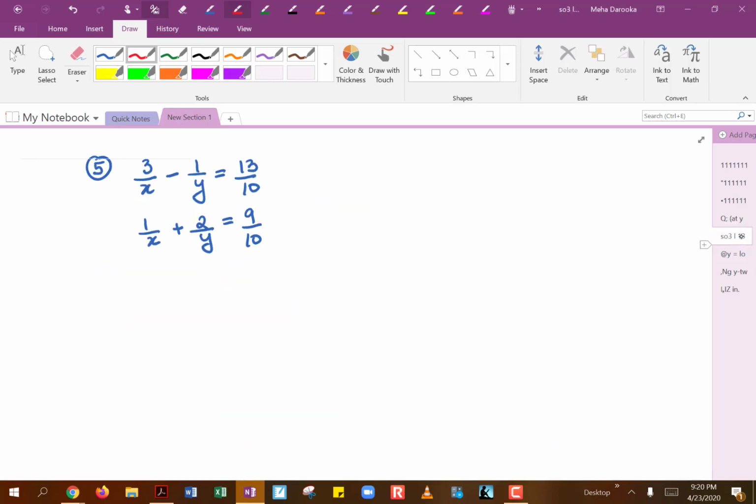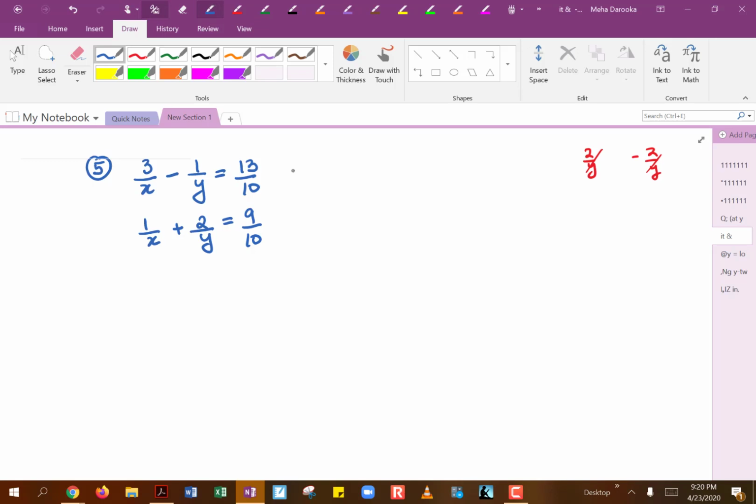You will notice here that our y variables already have a positive and a negative sign. So the only thing we would have to do is cancel these out. If you could have positive 2 over y and negative 2 over y, then they would basically cancel each other out. Since I already have positive 2 over y in my second equation, you want to make the first equation have negative 2 over y.